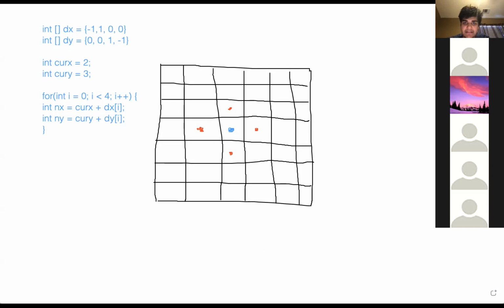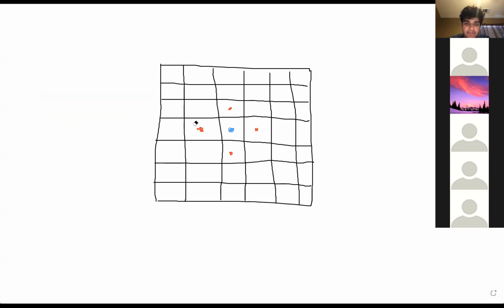So back to the problem, we're considering this idea of transforming the data to be 1, 0, or -1, depending on if a given number is bigger than, equal to, or less than 100.